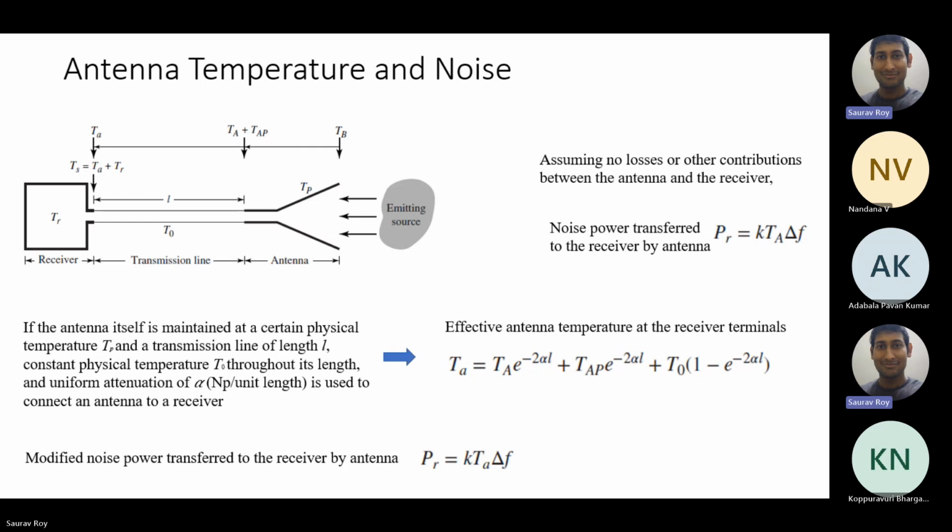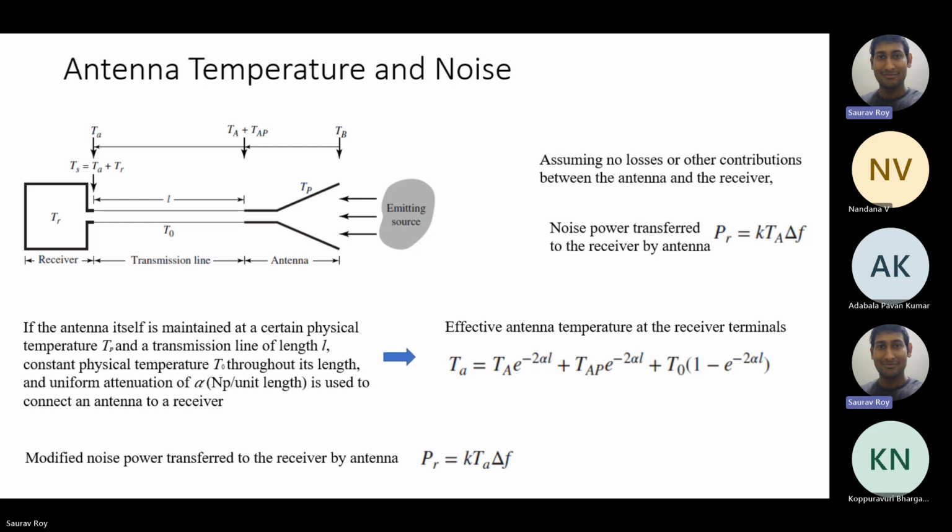If you see the noise power or noise factor calculation, it takes account of the length of the transmission line as e to the power minus 2 alpha, and the other factors are also taken care of. Then finally we have the effective antenna temperature at the receiver terminals.